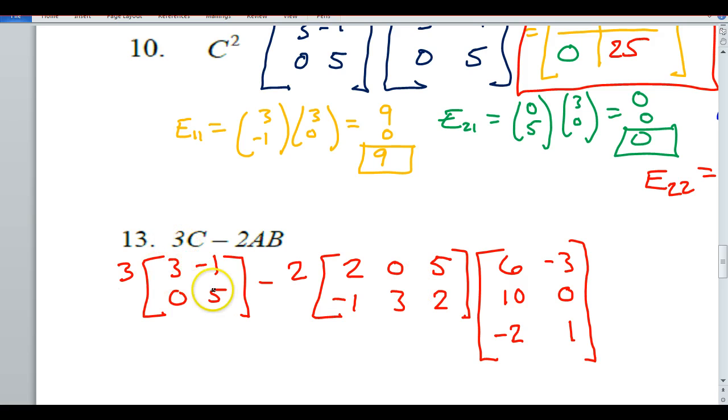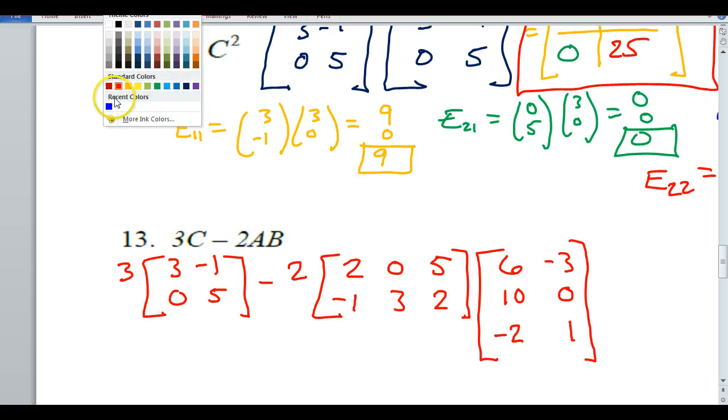We're doing 3 times C minus 2 times A times B. Okay, so I need to just do this in stages. So for example, I could go ahead and multiply 3 times all of these.